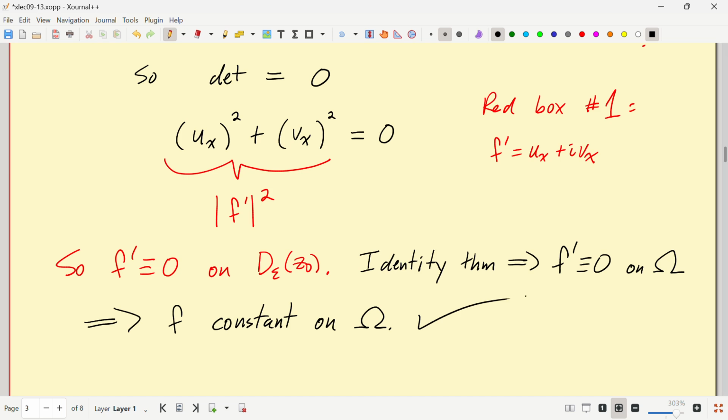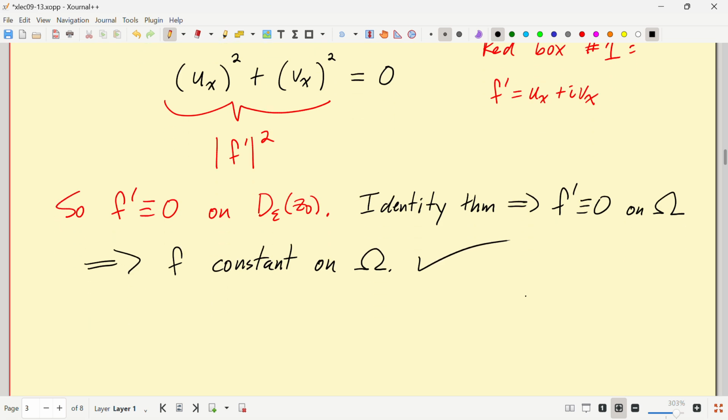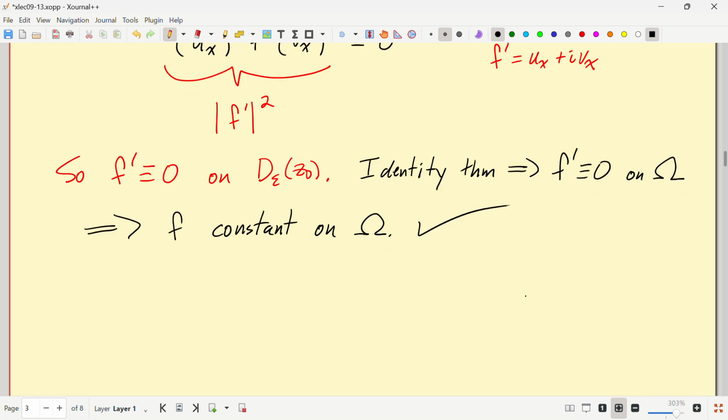And so that's it. That's the proof. Questions about that? Okay, that's a classic. I'd call that the basic version of the maximum principle.